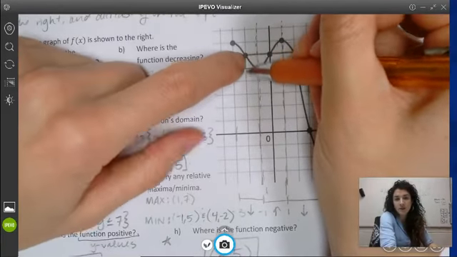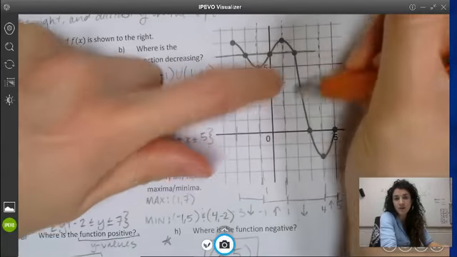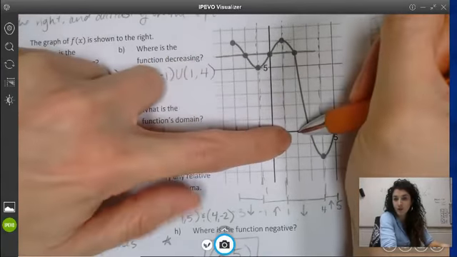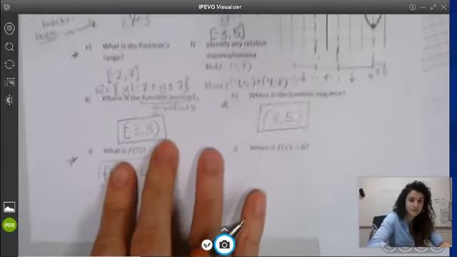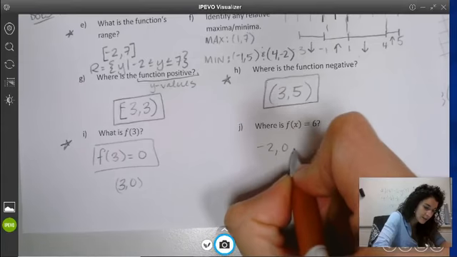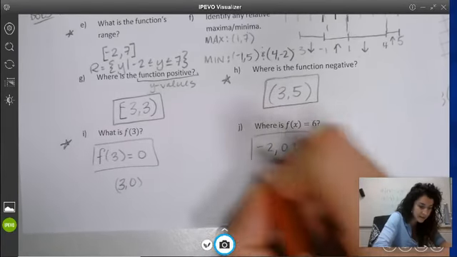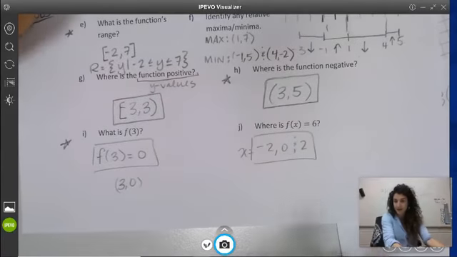So here is one x value, an x value of -2. Here's an x value of 0. And here's an x value of 2. So you should have given me -2, 0, and 2.